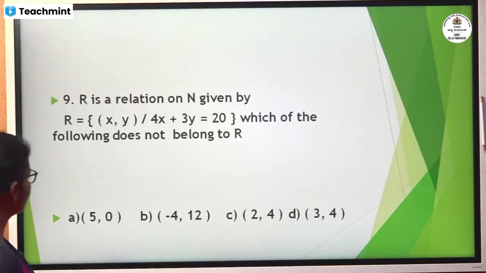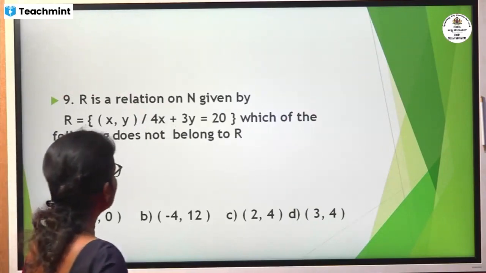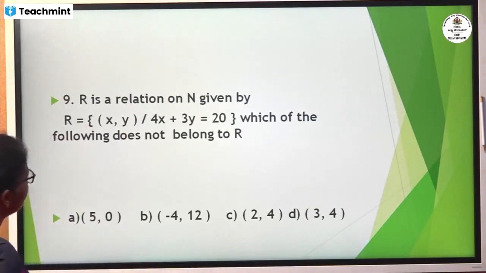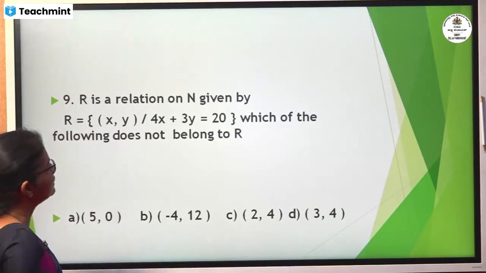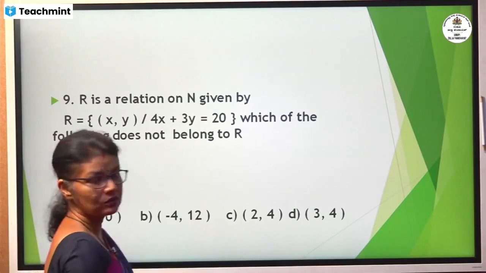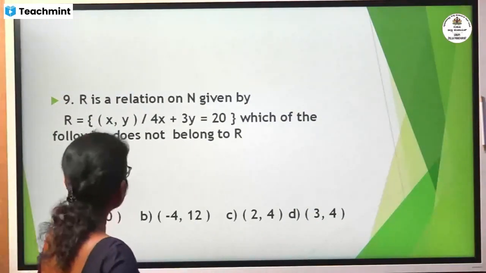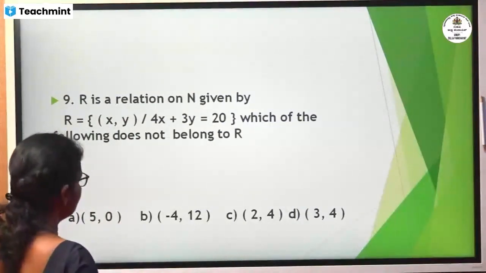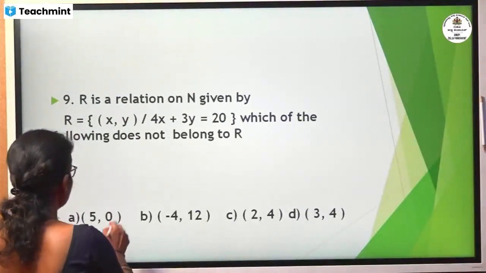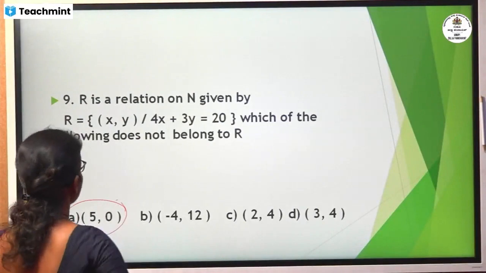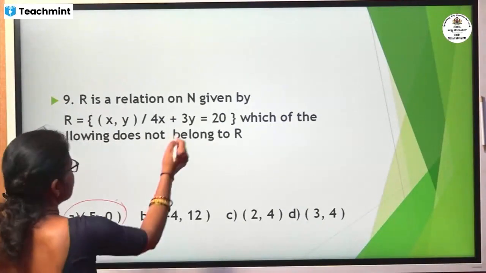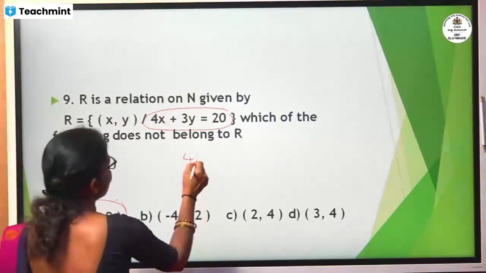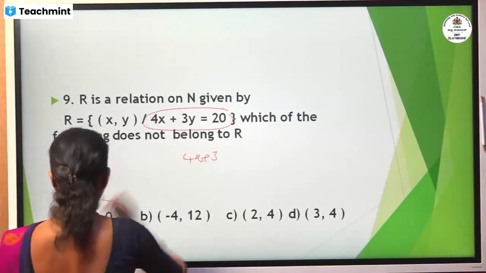Next question. A relation on N given by R is equal to the ordered pairs x comma y such that 4x plus 3y equal to 20. Which of the following does not belong to R? Now we'll check with all the options.